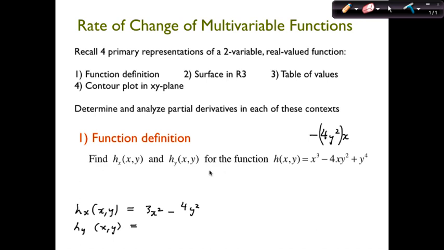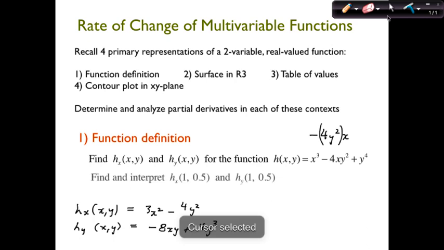Serenity, how about hy? Did you get that? Yeah, I got negative 8xy plus 4y. Agree with what she did? Okay. Lots of nods, thumbs up. Okay, so now let's find both of these at 1, 0.5. Some of you do hx, some of you do hy, so we can get the numbers as fast as we can.